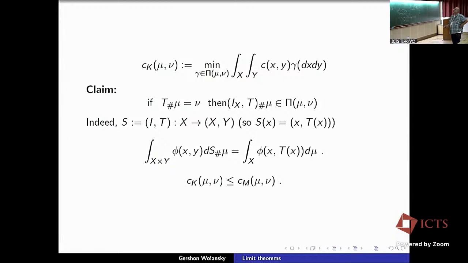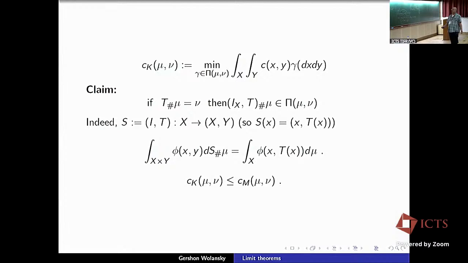If we call S this map, it's a mapping from X to X, Y. So S of x is (x, T(x)). Then we take the integral of a function phi of x, y on the push forward of mu by S. The definition is just the integral of phi at (x, T(x)) d mu. So this is just the object that we looked for in the Monge problem. So any such mapping T induces a measure in pi.